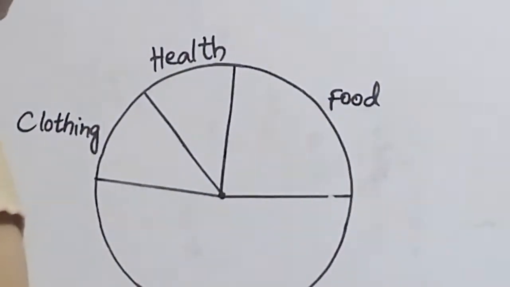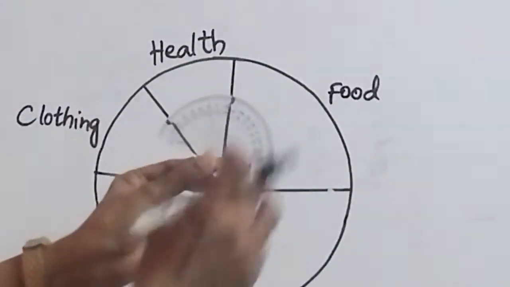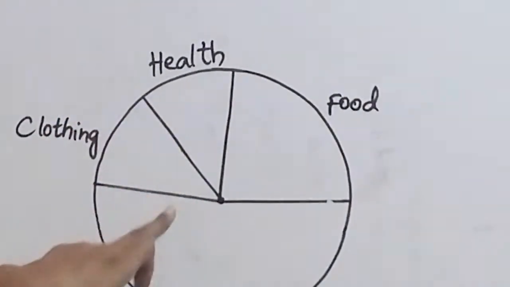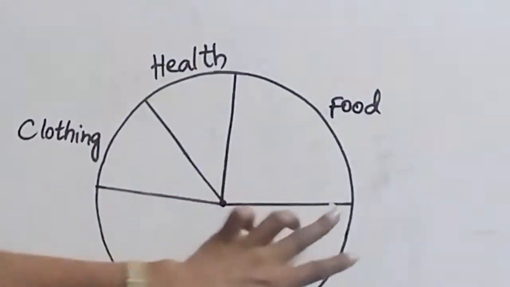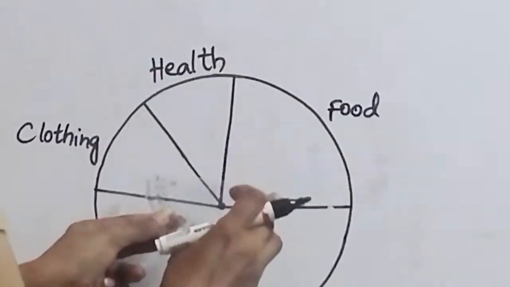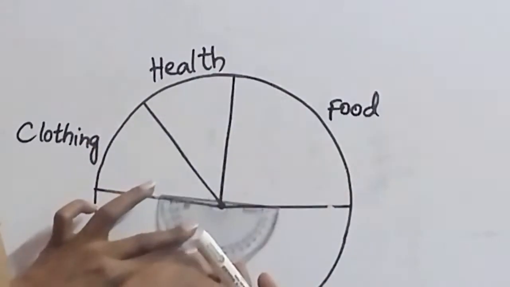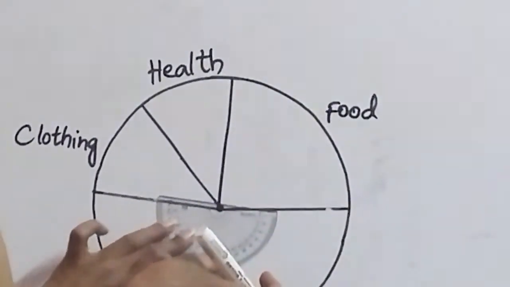For education, 27 we should take. Rotate the protractor. See that the baseline is matching with the baseline of this. Okay, only this side we should see. Don't match this side. So here the center of the protractor should match with the center of the circle.